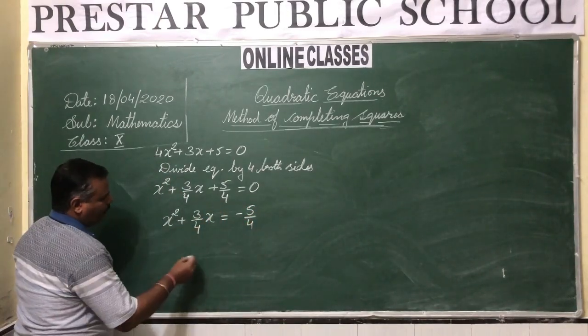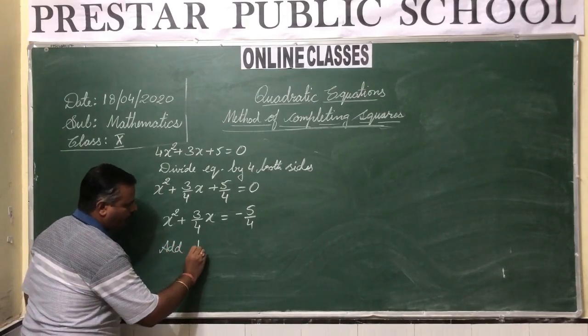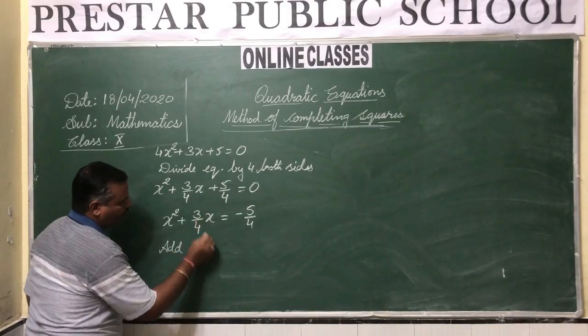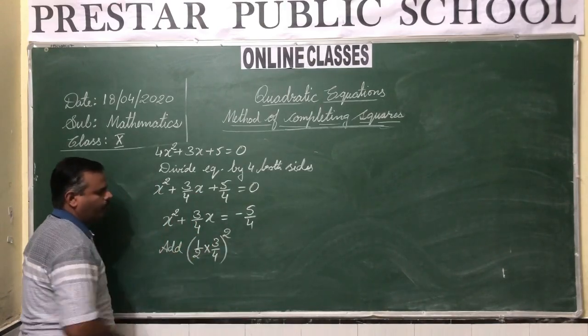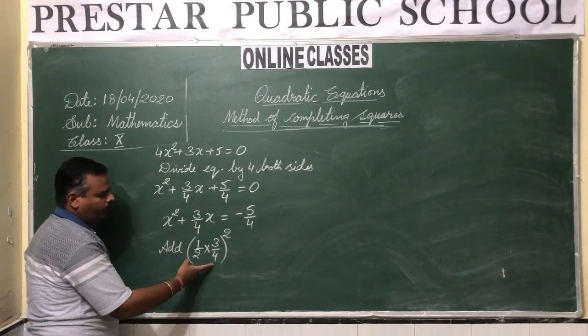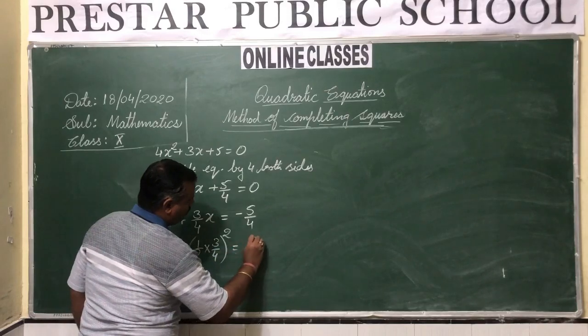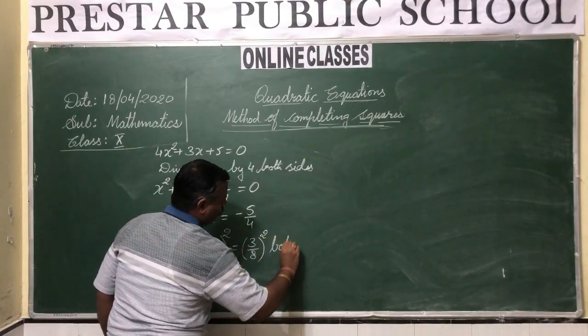Now what was the next step? We had to add the square of half the coefficient of x, that is 3 upon 4. We are adding the square of half the coefficient of x, that is the square of 3 upon 8, to both sides.